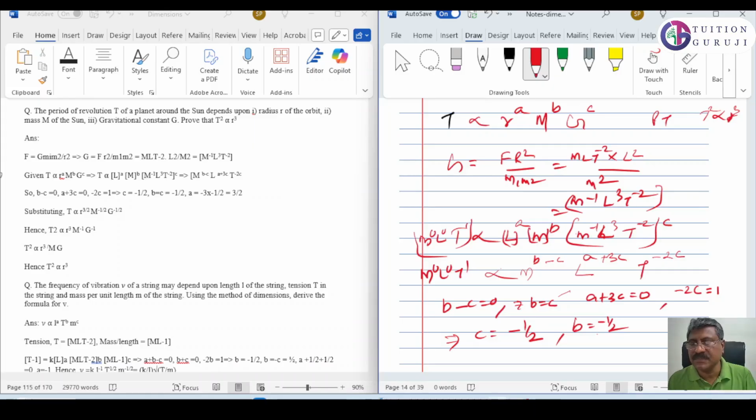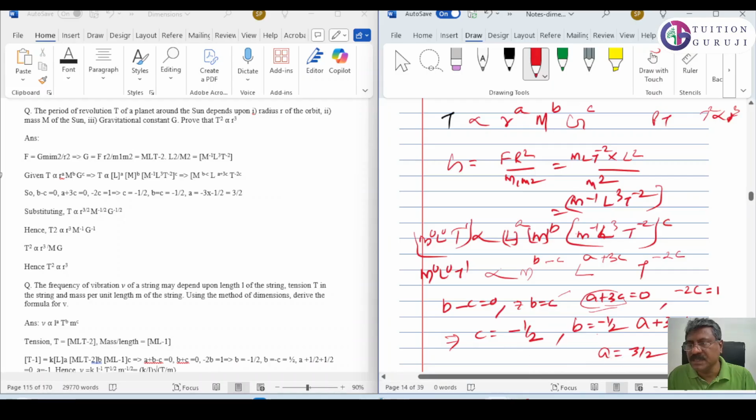Then substituting in this equation, a plus 3 into minus 1 by 2 is equal to 0. So a is equal to 3 by 2. So we got a, b and c.